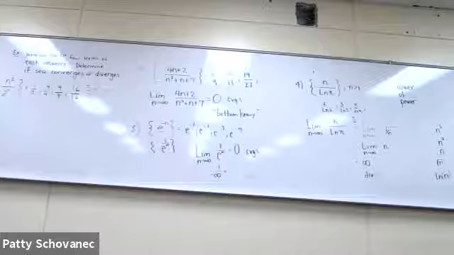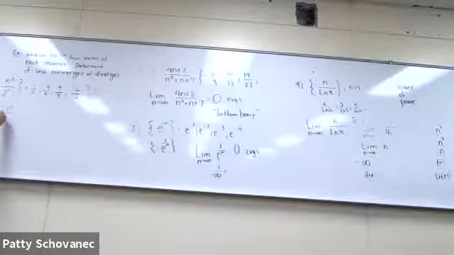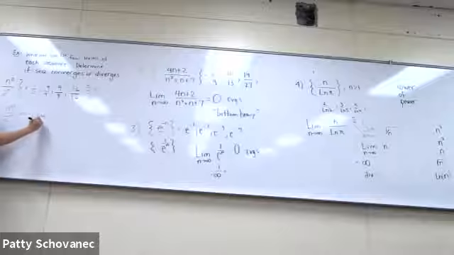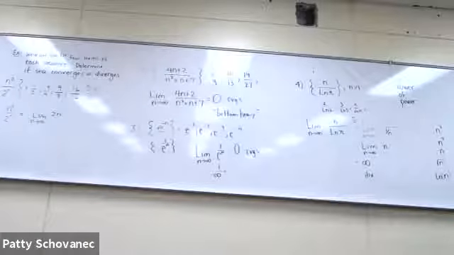So I take the limit as n goes to infinity of n squared over 2 to the n. You have to remember how to take the derivative of 2 to the n. I know how to take the derivative of n squared. Who remembers how to take the derivative of 2 to the n? e to the natural log of 2 to the n is the same as 2 to the n, right?